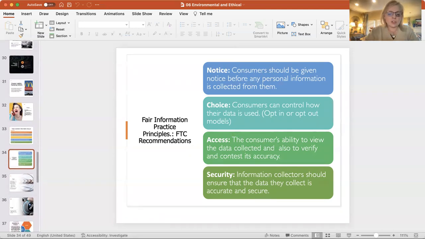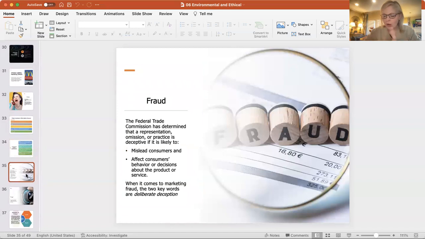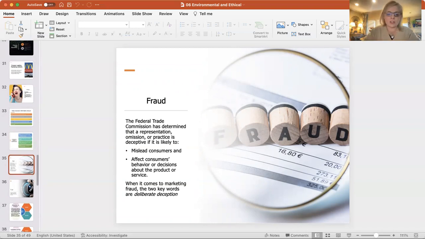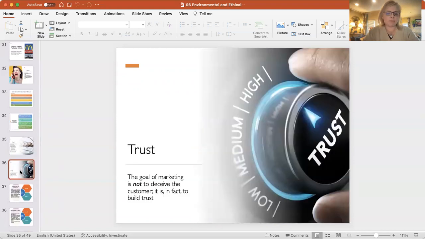Consider the two different types of entities that are involved in that protection. Fraud. The FTC is overseeing fraud, where it's representation or omission of key facts that mislead consumers. They will hop in and say, nope, you shouldn't have been able to say that. That is misleading or manipulating a consumer into acting or believing something.